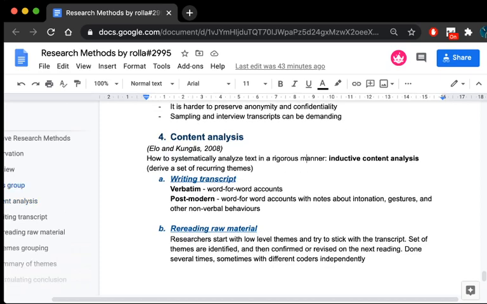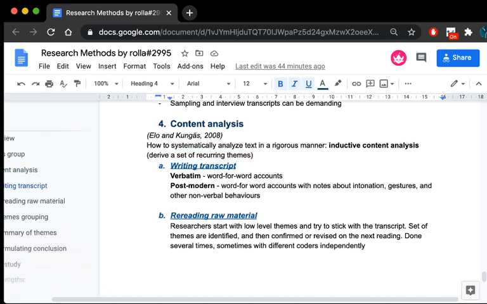And one of them is inductive content analysis. It's a way to derive recurring themes in the text that's intended to be analyzed. So first, we have writing the transcript. You want to transcribe the entire thing. There can be 2 types of written transcripts.